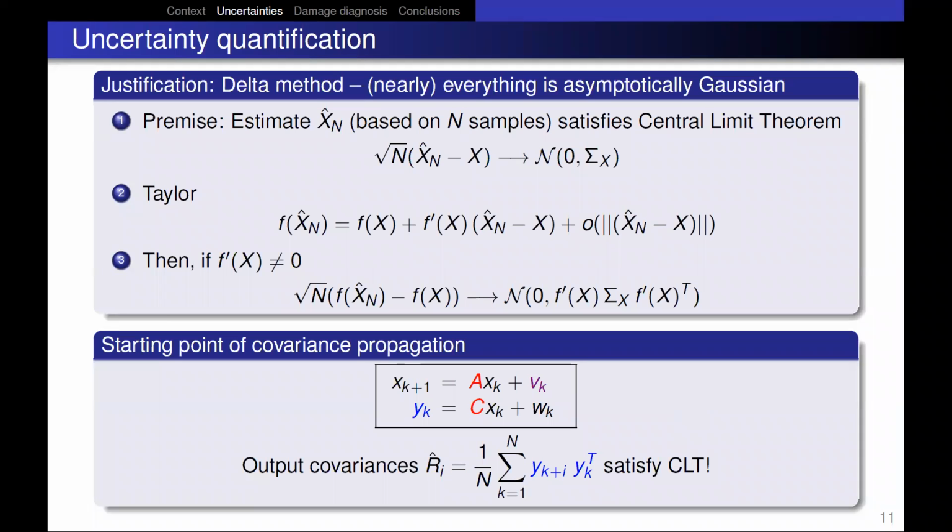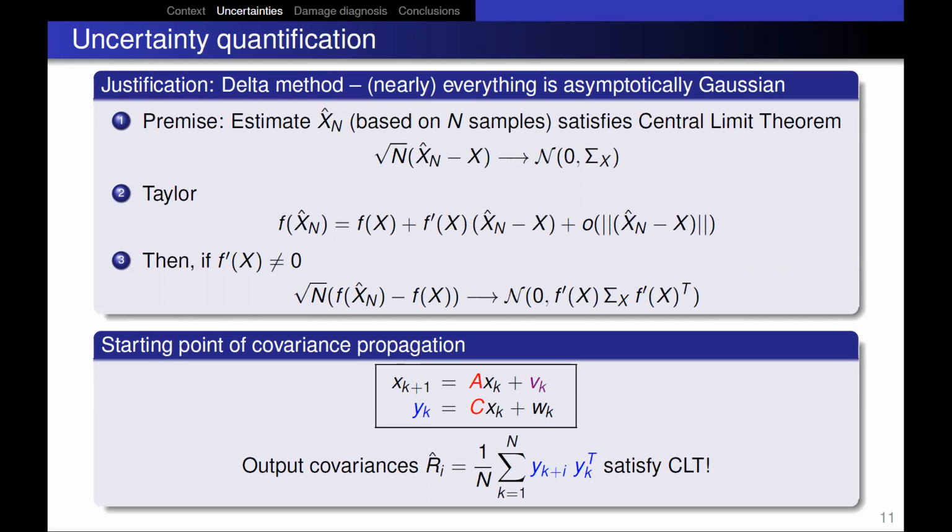Then we calculate a function of our initial, asymptotically Gaussian variable. We can do a Taylor expansion of that function at our theoretical true value. That's just the first order Taylor development. And if the first derivative here is non-zero, then the function of our random variable is also asymptotically Gaussian. That's the first fact.